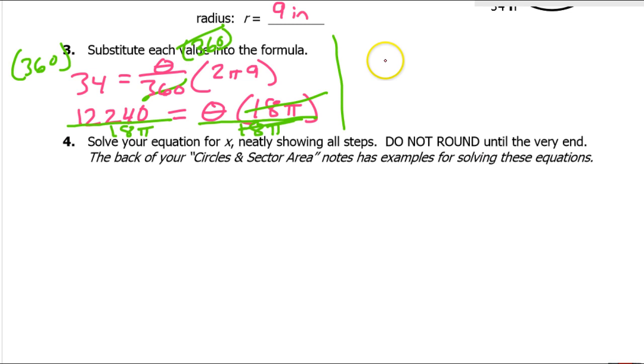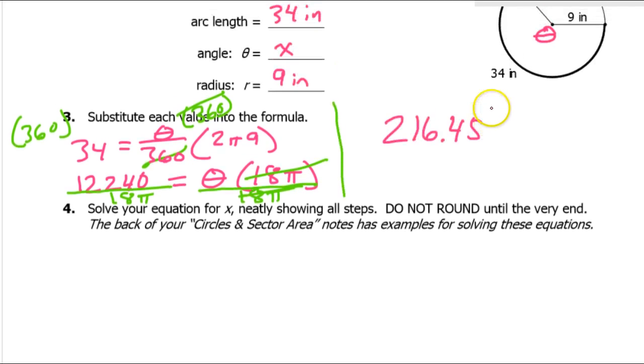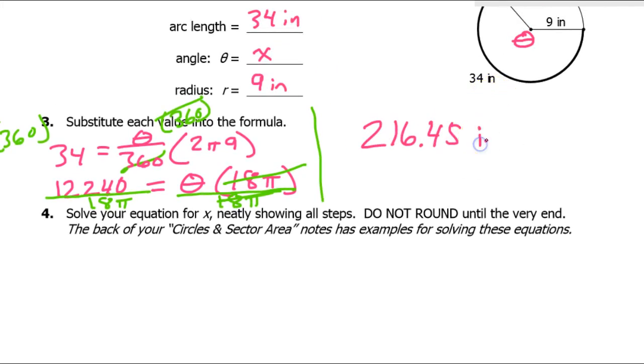Correct. That's 216.45. And this is going to be inches. No. What are the units for this? Degrees. Theta is an angle. Angles are measured in degrees.